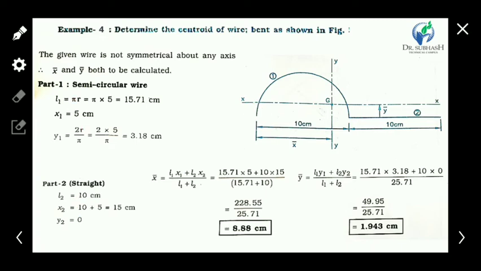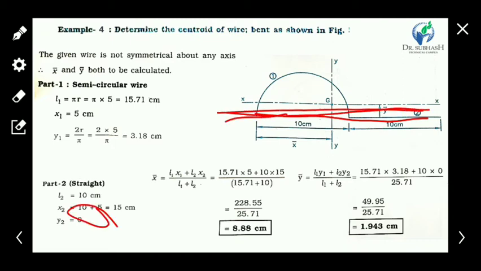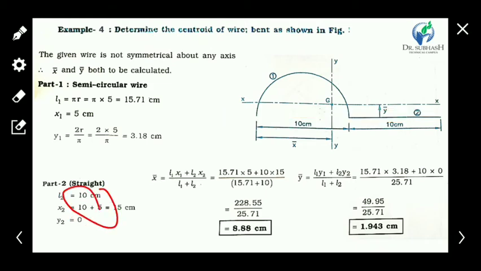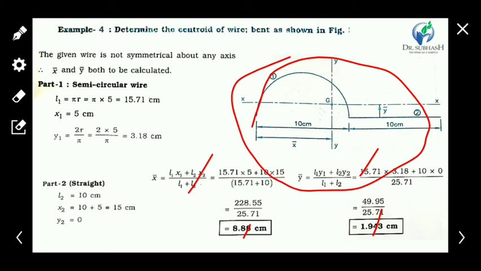Now the second element, the length is 10 centimeter. The x2 of its CG is half of 10 centimeter plus 5 centimeter, which is 15 centimeter, and the vertical distance from the reference axis is 0, so y2 is 0. Now put the values of all elements in these equations and we get the values of x bar and y bar for this composite element.